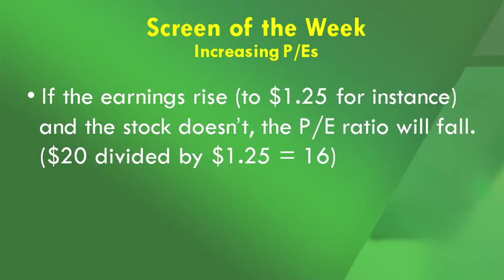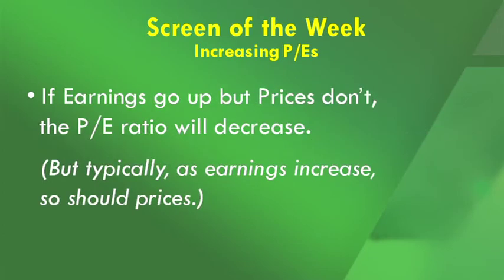If the earnings rise, let's say to $1.25, for example, and the stock doesn't, then the PE ratio will fall. 20 divided by 1.25 now creates a PE of 16. If earnings go up but prices don't, that means the PE ratio will decrease. But again, typically as earnings increase, so should prices, all right?